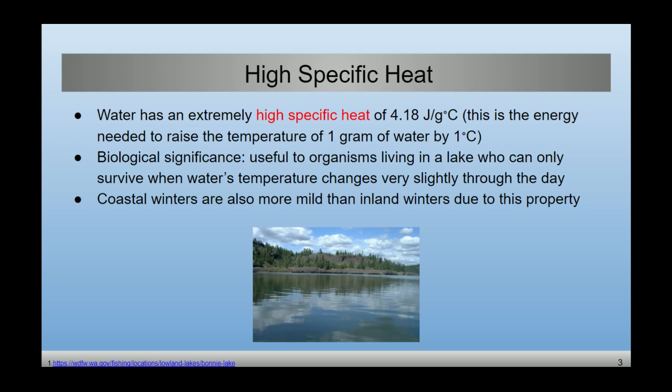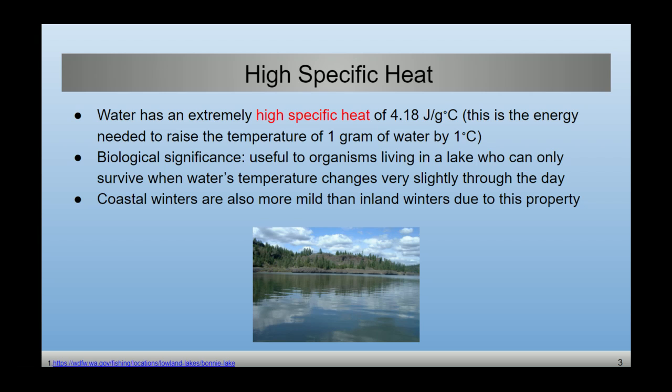It would be bad if water had a specific heat roughly the same as air. That would mean the temperature of water fluctuates very significantly during the day, which could lead to the death of several aquatic organisms that can't regulate their temperature as well.